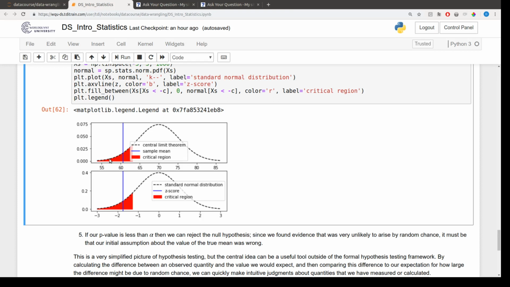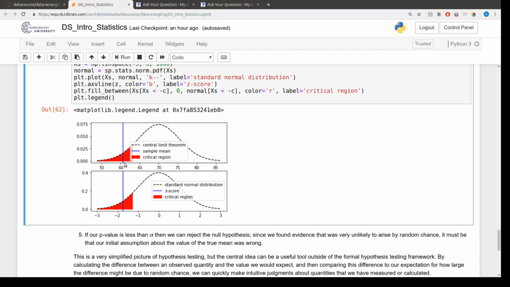The total area under this curve is 1, and the red shaded region has an area of 0.1. To calculate the p-value, we would look at the area under the curve to the left of this blue bar for the sample mean. So that 0.04, that 4%, is the amount of area to the left of this blue line.